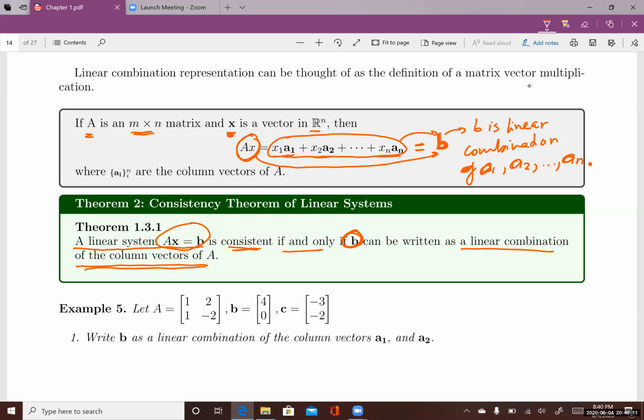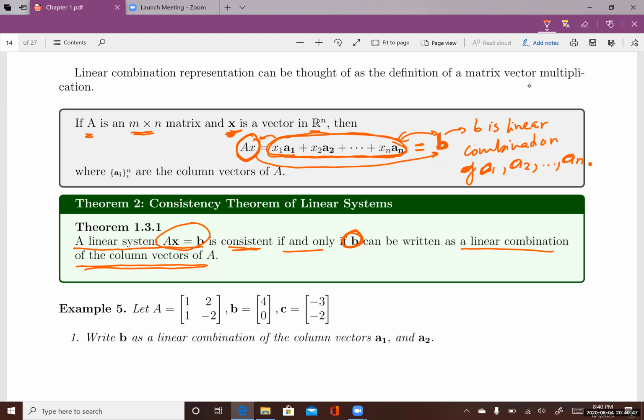If we look at these equations here, right? If Ax equals B, and if B is written in the form of a linear combination of A1, A2 to An, where A1, A2 to An are the column vectors of A, then the system Ax equals B is consistent because there exists a vector x, x1, x2 to xn, that satisfies the system.